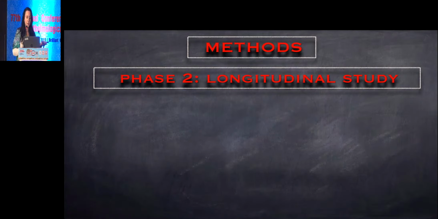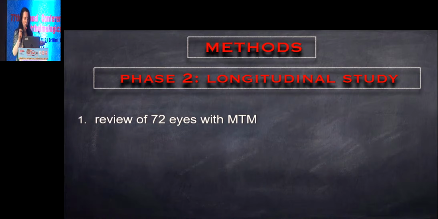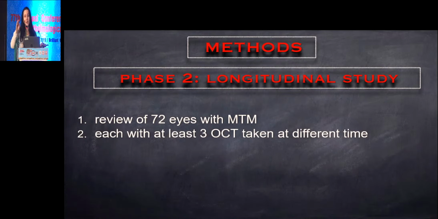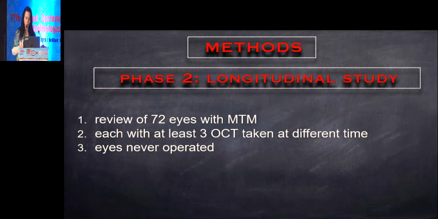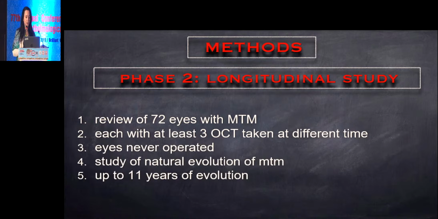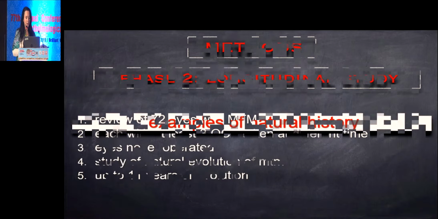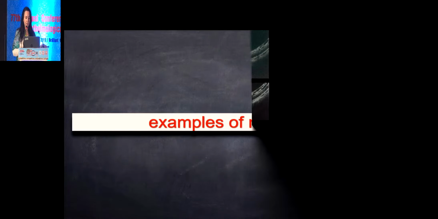In the second phase of the study, I have reviewed 72 eyes that could provide at least 3 OCT in time, never operated, so just to follow up the natural history with up to 11 years of evolution. And let's see some examples.